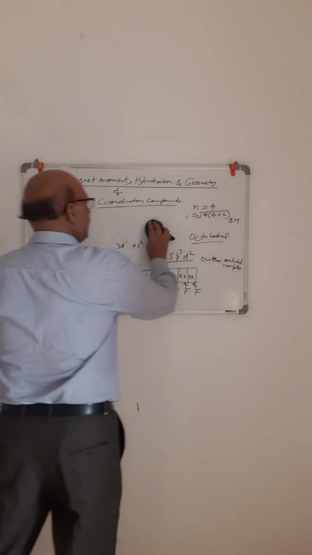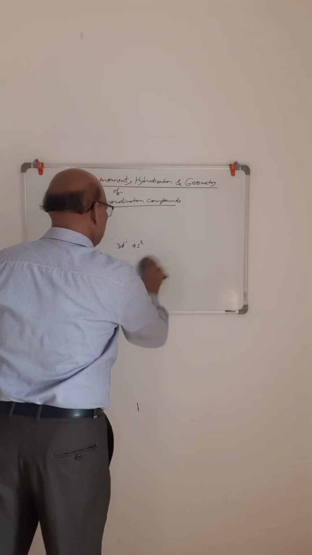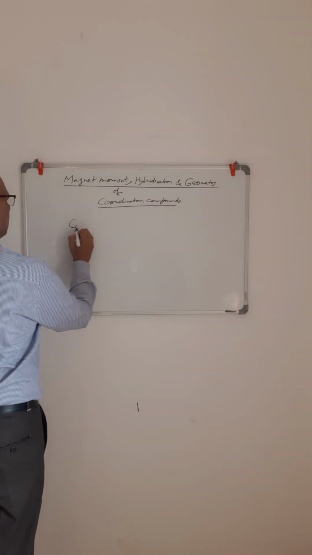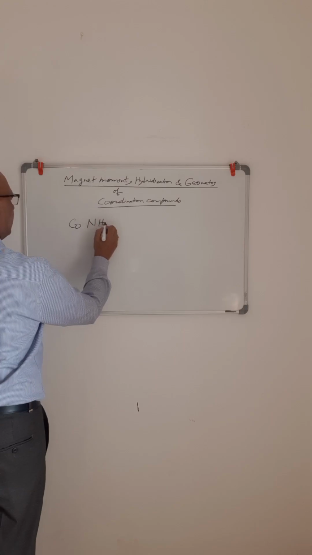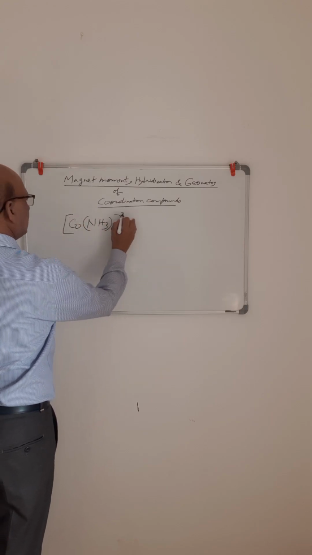Now we take one more example, then we will wind up this session. And this example we have taken for the strong field ligand, that is Co(NH3)6 3 plus.